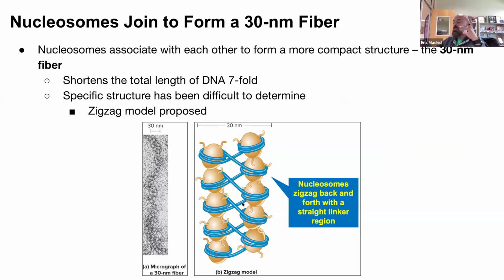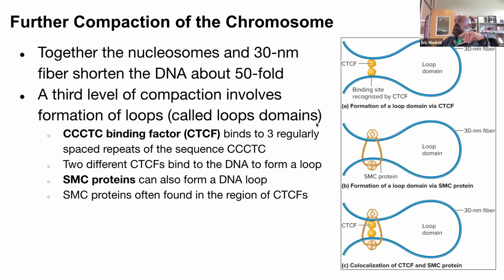So if we zoom out, imagine now you've got this new string looking thing. Those are then looped together, bundled with proteins called SMC proteins and CTCF binding factors. And so they're going to help take that long stretch and then loop it. Take that long stretch and loop it.